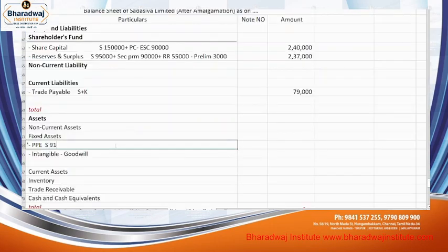Yes, 1,95,000 plus K, how much? 75,000 with revaluations. Goodwill as per the entry.